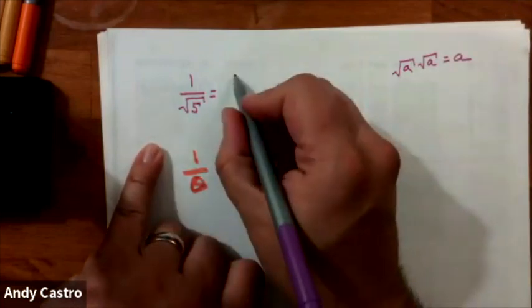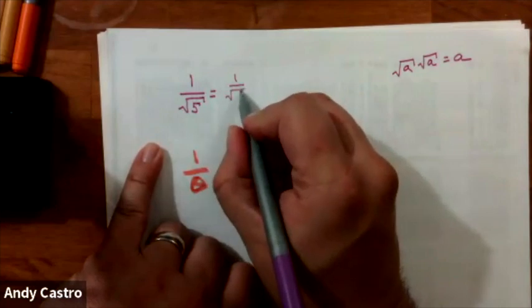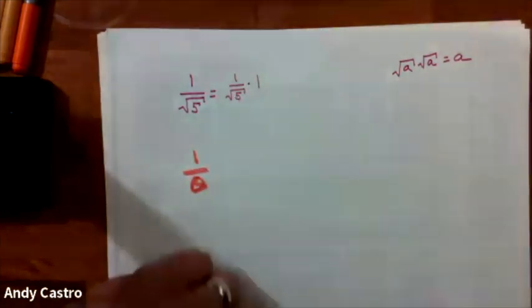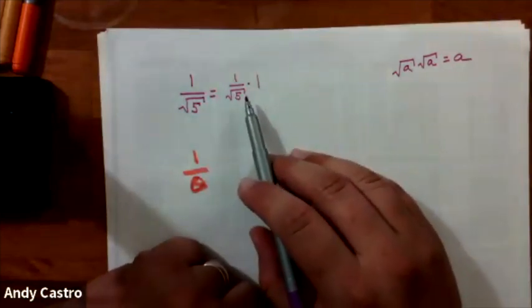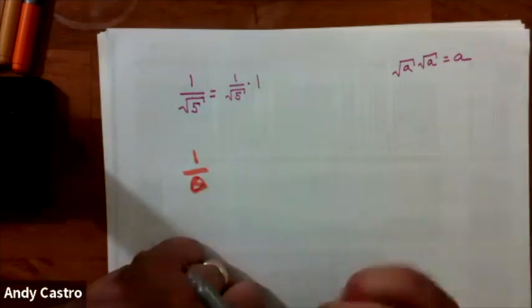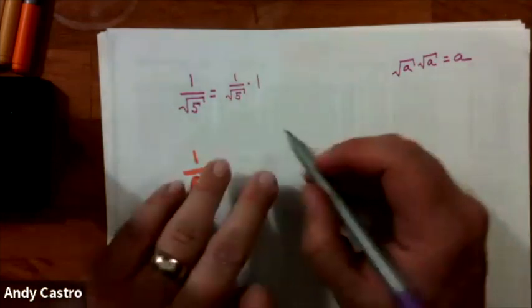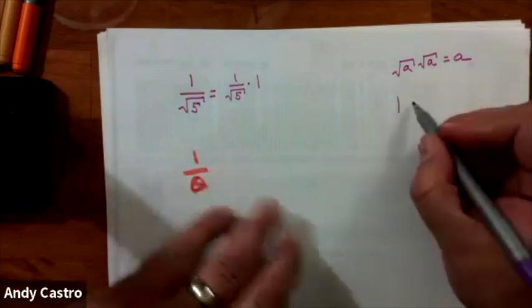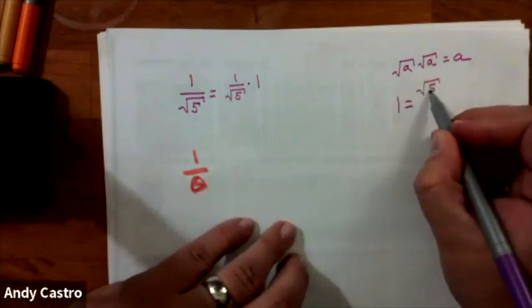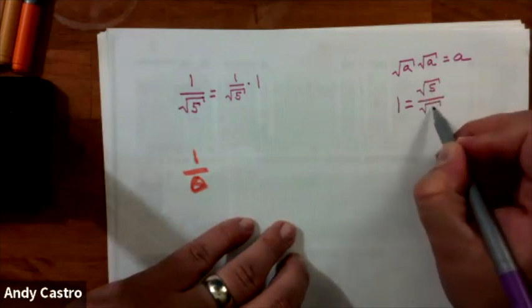So I'm going to take 1 over the square root of 5, and I'm going to multiply it by 1. If I multiply it by 1, then I'm not changing anything. But I'm going to express that 1 a little differently, as the square root of 5 over the square root of 5.